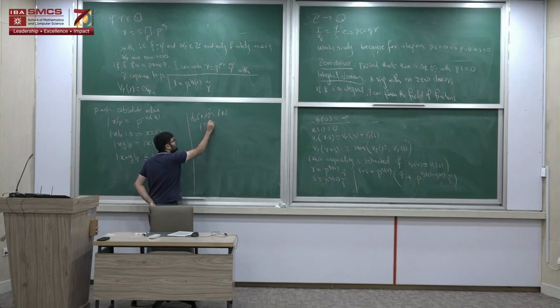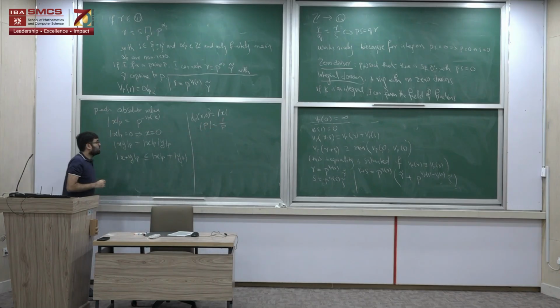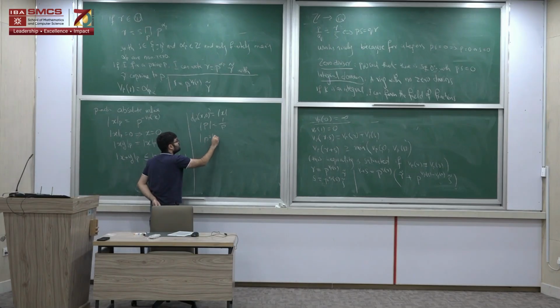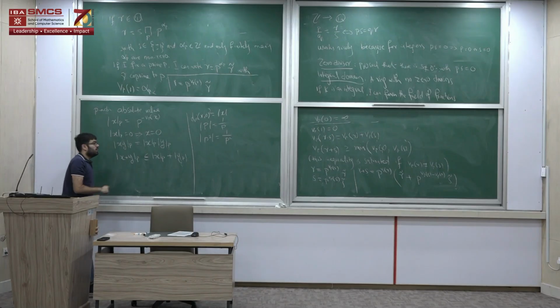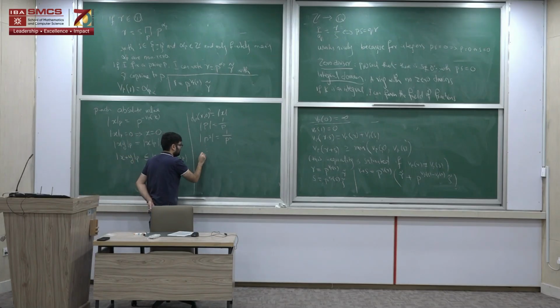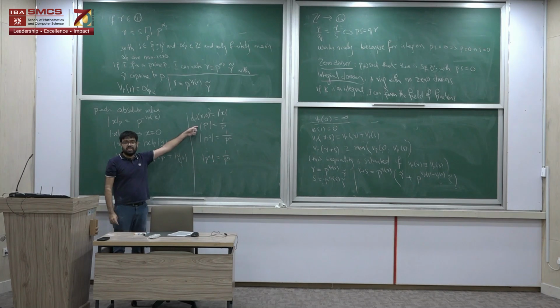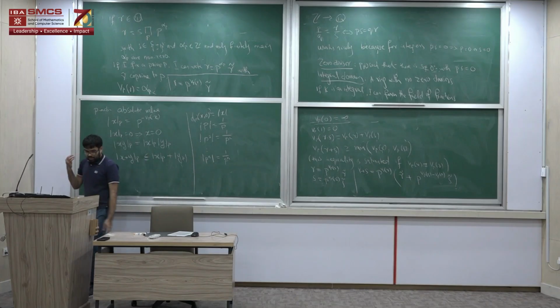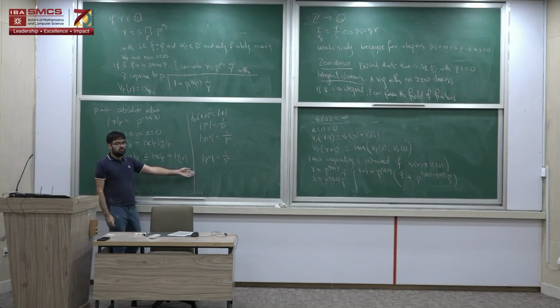The absolute value of p is 1 over p, because the valuation is 1. The absolute value of p squared is 1 over p squared, and the absolute value of p to the n is 1 over p to the n. So, as the number is getting bigger and bigger, its distance from 0 is decreasing. So, not something we are used to.